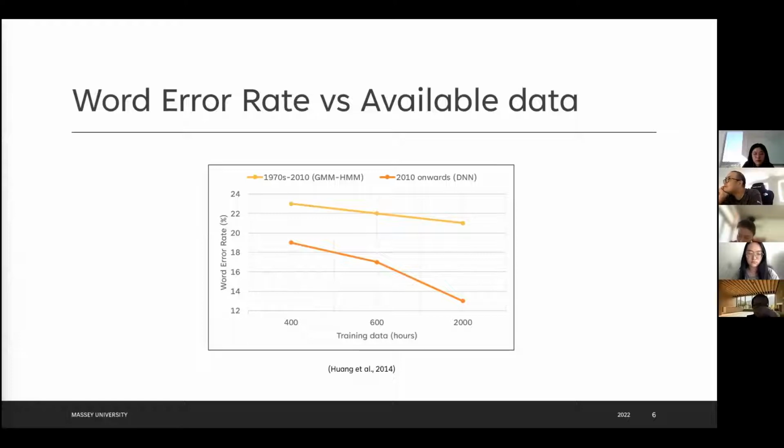If you increase the data in terms of hours, the word error rate slowly goes down, but it is not very significant. However, if you compare the systems developed after 2010, which are usually based on deep learning neural network models, they have been hugely impacted by the availability of data. The more data there is, the lower the error rate. Lower is better here. So if you increase the data, you will have better results in terms of word error rate.